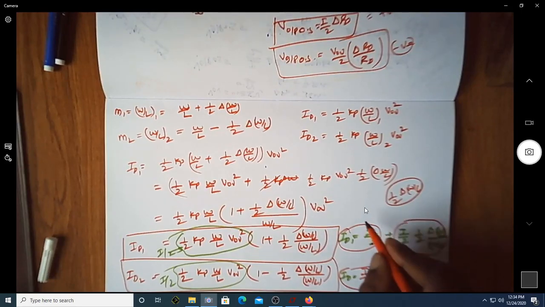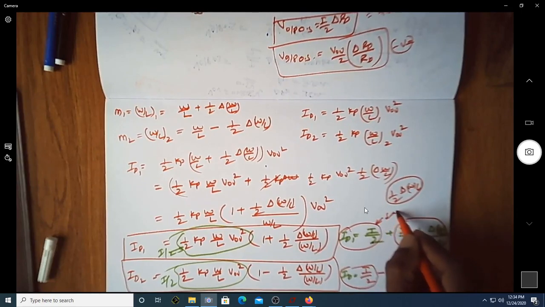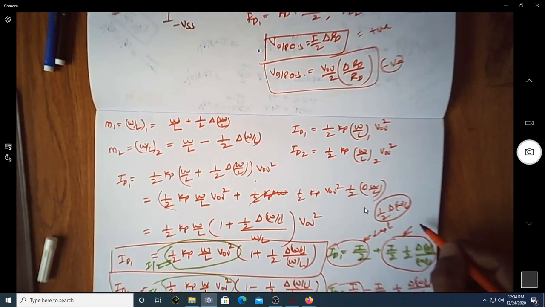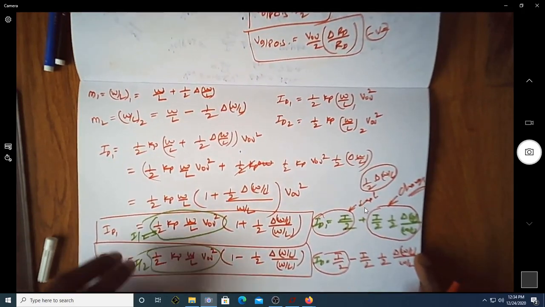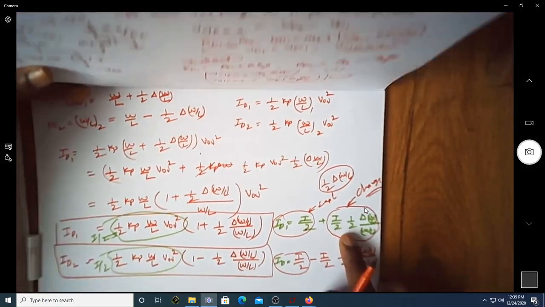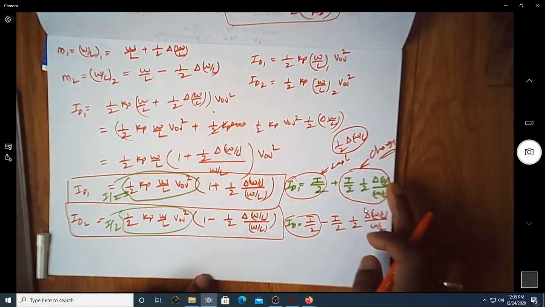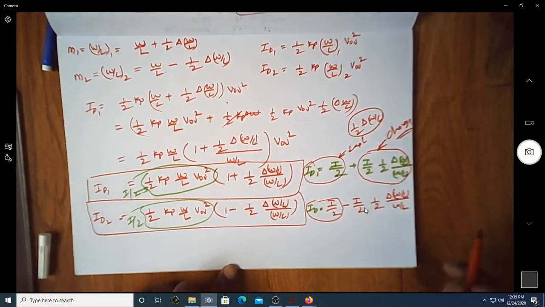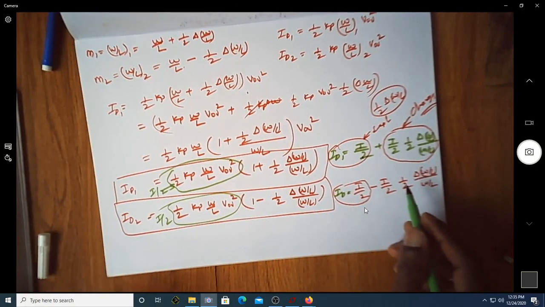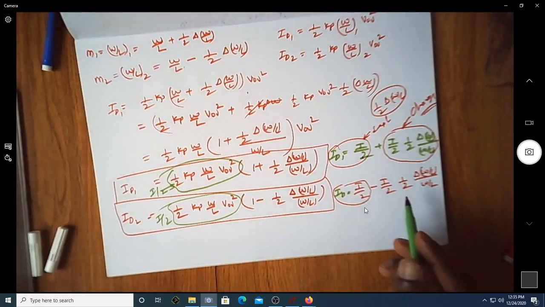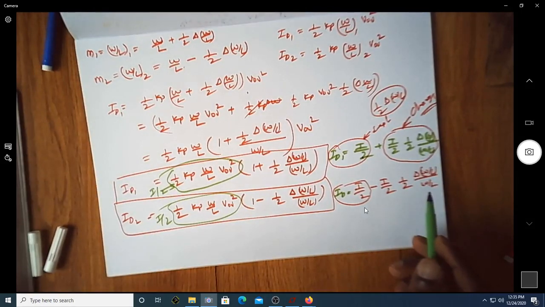So this is the expected value, and this is the change. The change in the value because of the mismatch in W by L is actually I by 2 into half of delta W by L by W by L.